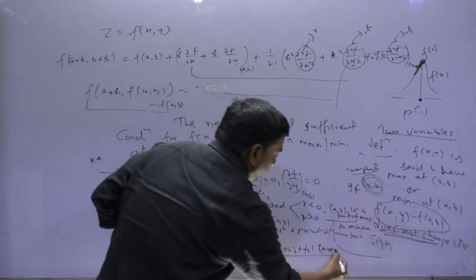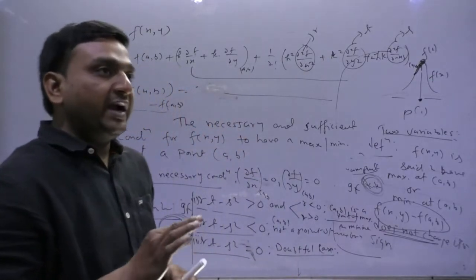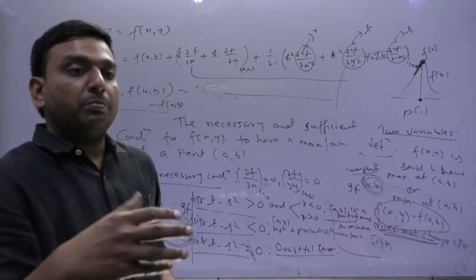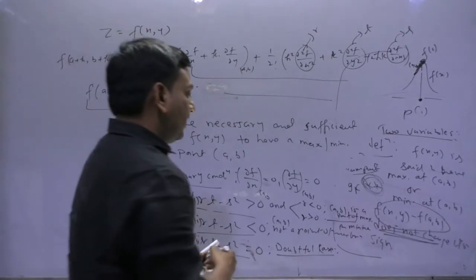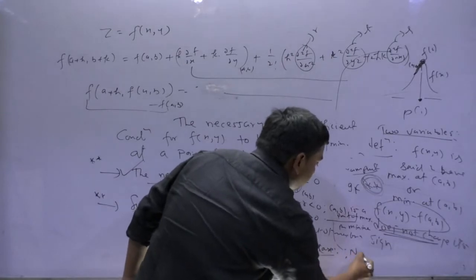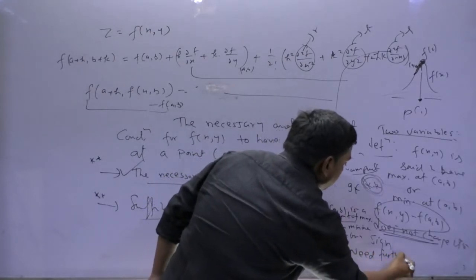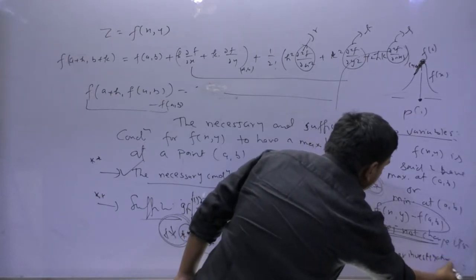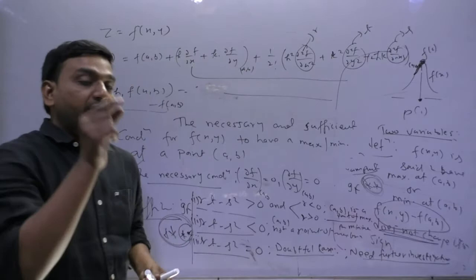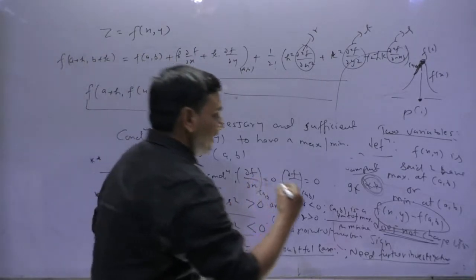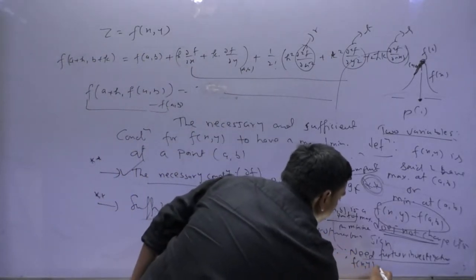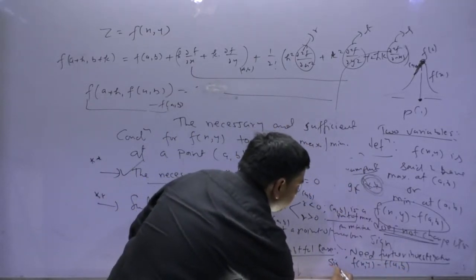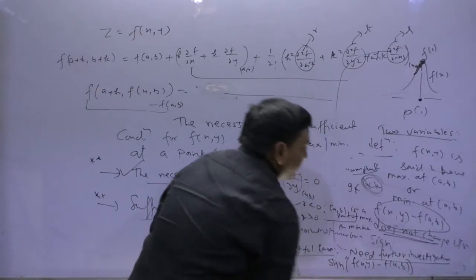Doubtful case means in that case I cannot say whether a comma b is a point of maxima or minima. So we need further investigation, and for that further investigation, please note it here, we have to observe the sign of f of x comma y minus f of a comma b.